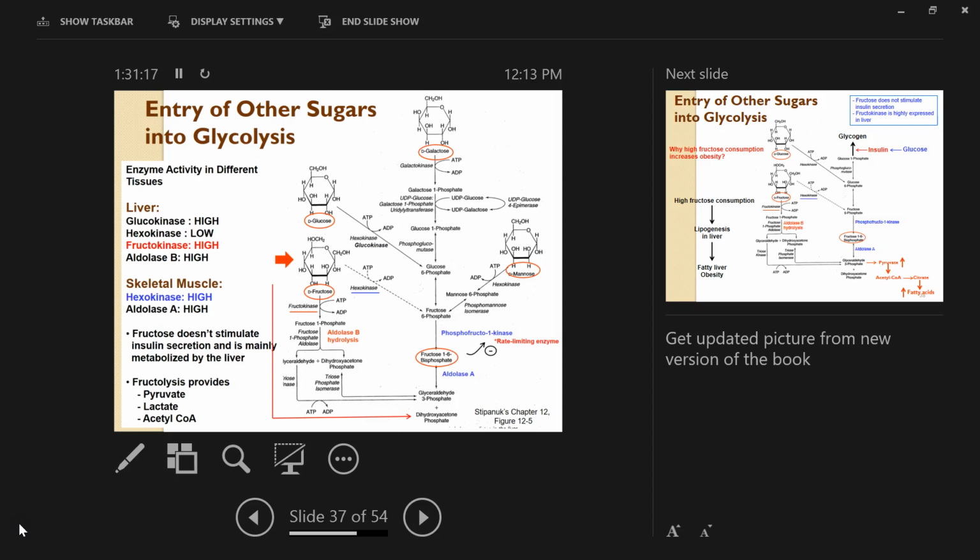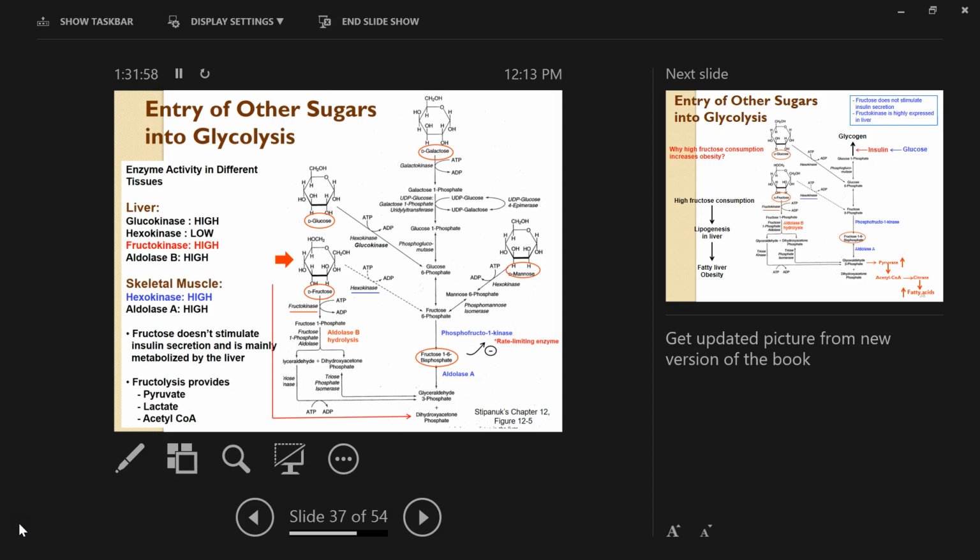And fructose is metabolized through a different pathway, right? Fructose is phosphorylated to fructose 1-phosphate by fructokinase. And then fructose 1-phosphate is broken down into 3-carbon intermediates by the enzyme aldolase B. So you can see that fructose metabolism bypasses two key reactions in the glycolytic pathway.